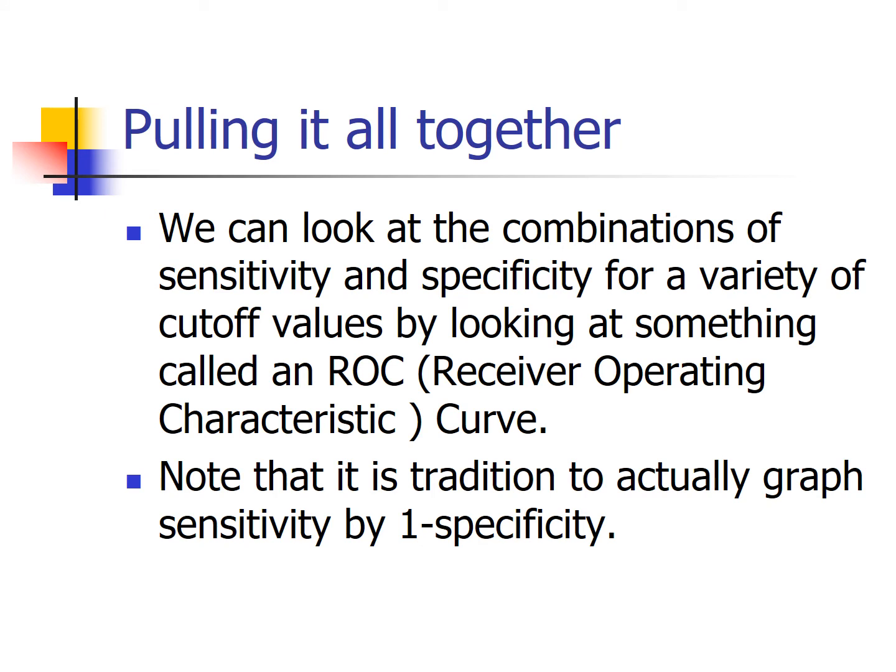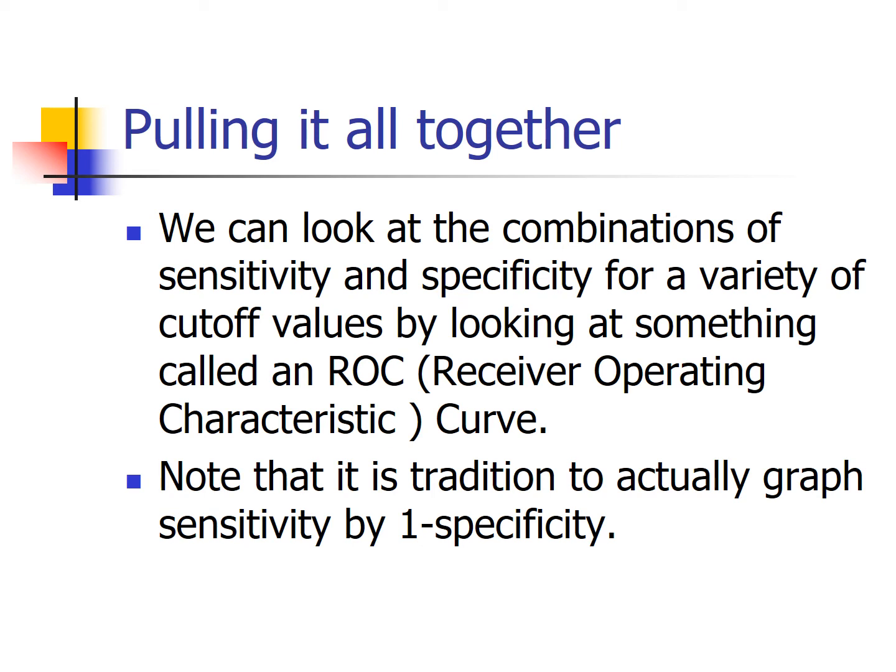Now, one thing that we can do is we don't have to focus on just one combination of sensitivity and specificity, as we don't have to focus on just 50% or just 30%. We could actually put together a graph that summarizes what happens for all possible cutoffs from 0 to 100%.